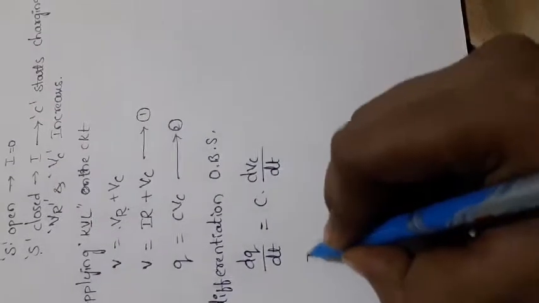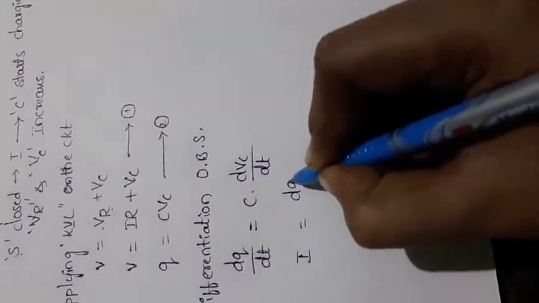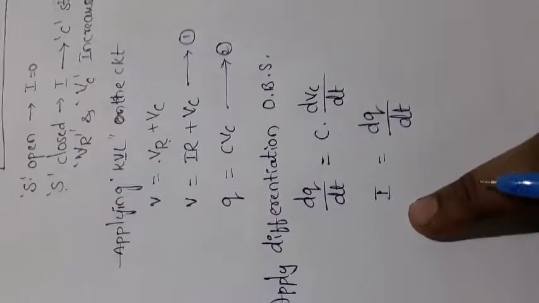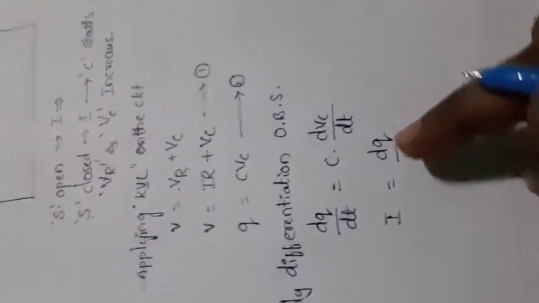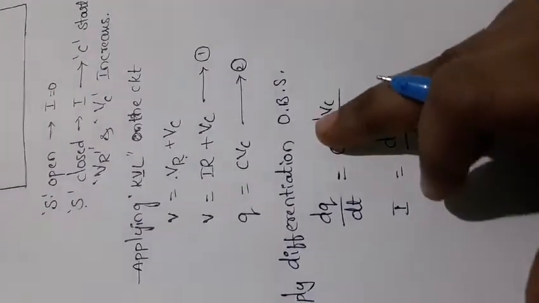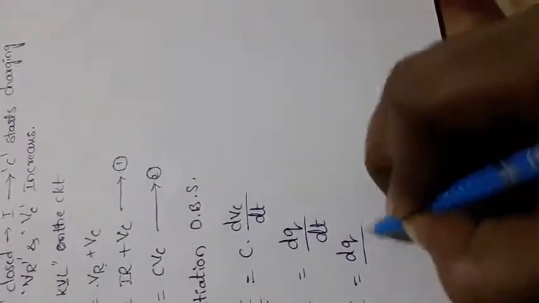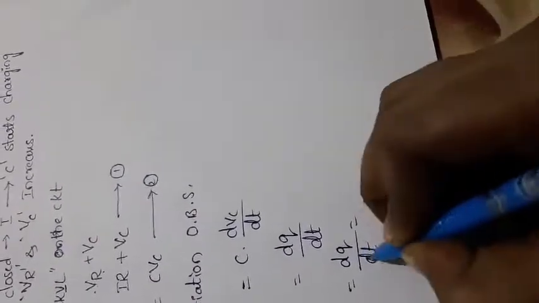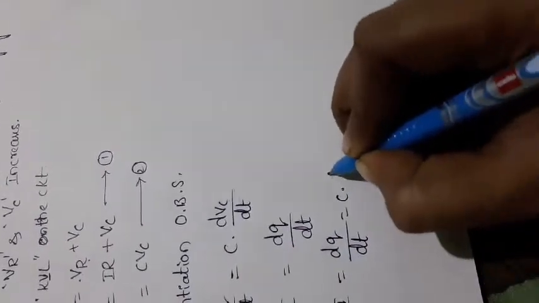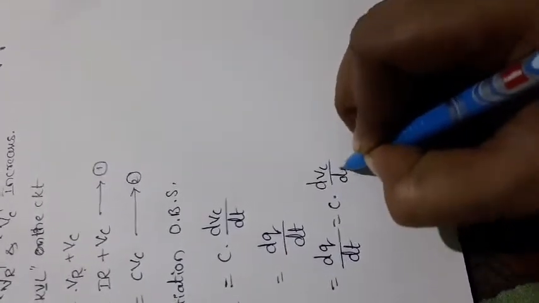Now, generally the current in terms of charge is I = dq/dt. We already know this formula from physics. And dq/dt we already know is C into dVC/dt.